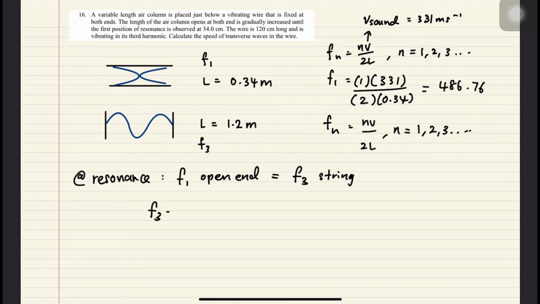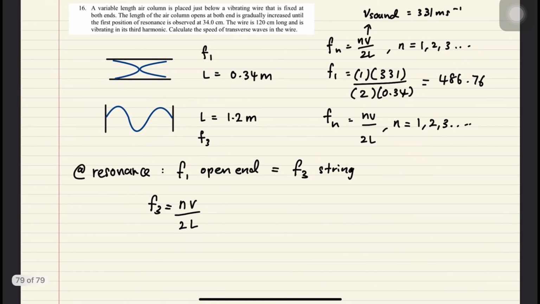So F3 equals to nv over 2L. Okay, remember that this one, the V here, is the speed of the transverse wave in the wire. So it's no longer the speed of sound. So you want to find that V. The F3 is equivalent to F1, right? So that one is equals to 486.76.